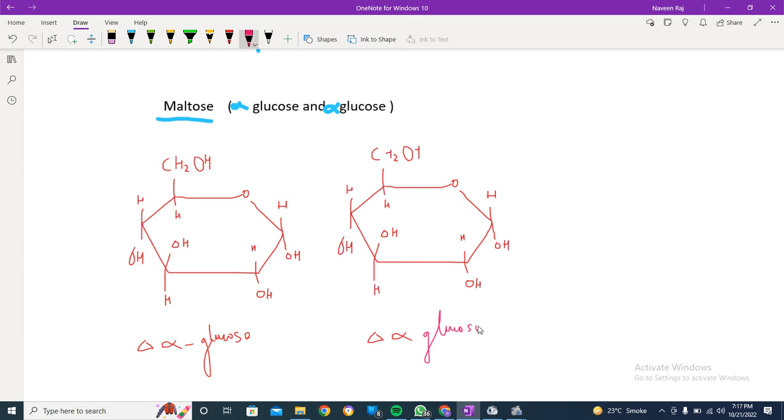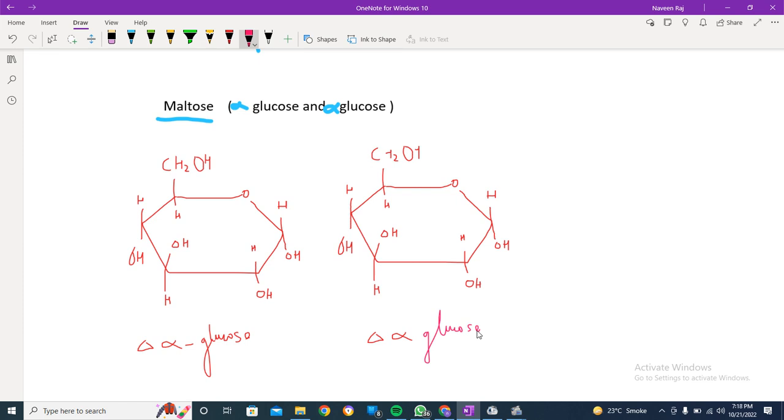Now listen to this point. When two alpha glucose molecules combine, they form a disaccharide. Now, how does this take place? Let's look into it. It is a simple thing.